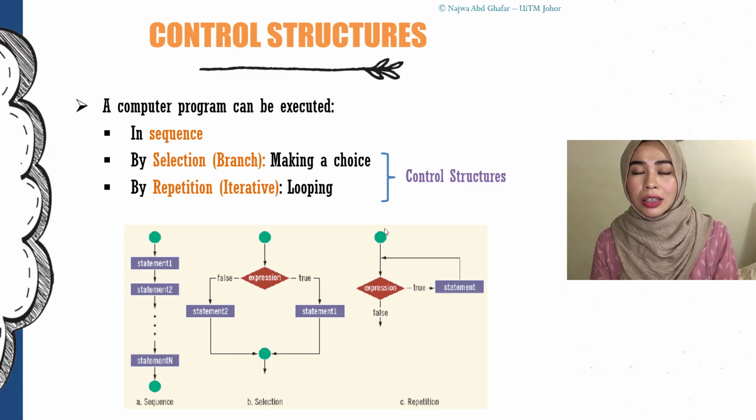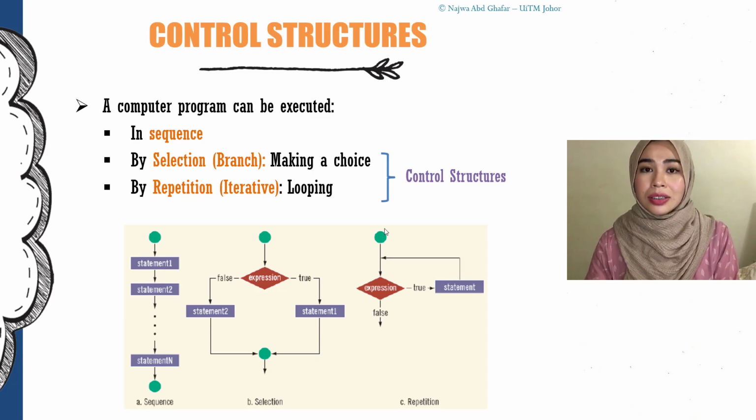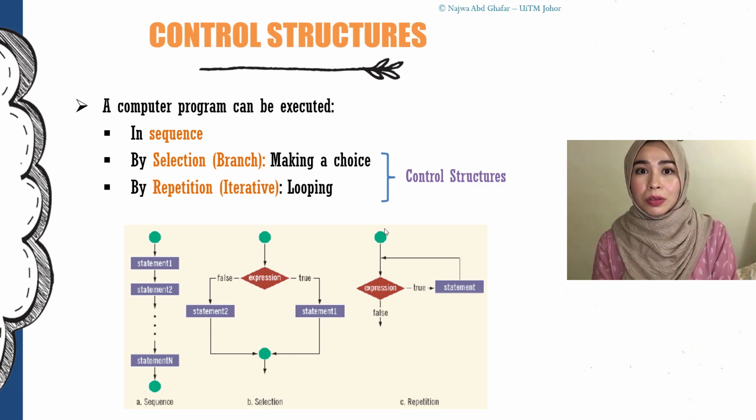Selection, once a decision has been made, it is only done once. Whereas repetition, when the decision is made, you can ask the same question over and over again. So I'll show you a simple example for you to further understand this concept.